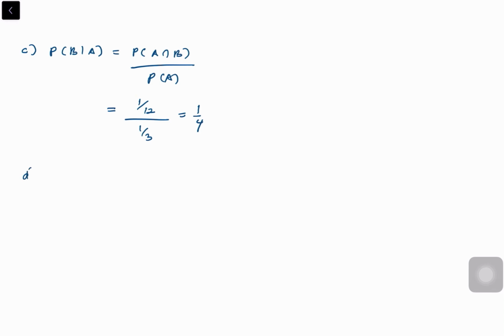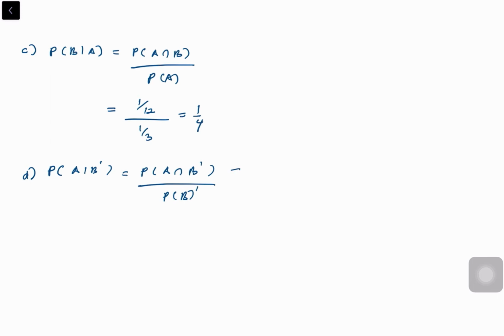And lastly, we have D, which is also a conditional event: the probability of A given B complement. This is equivalent to the probability of A intersect B complement over P(B complement).